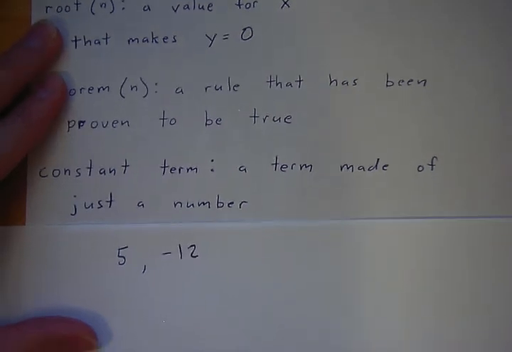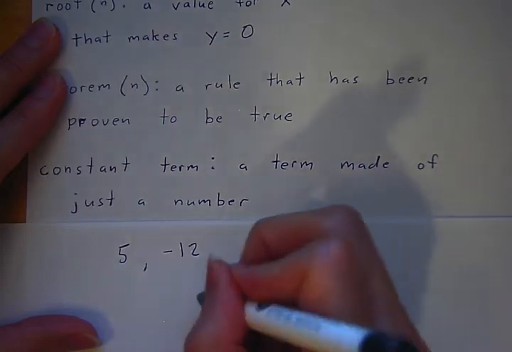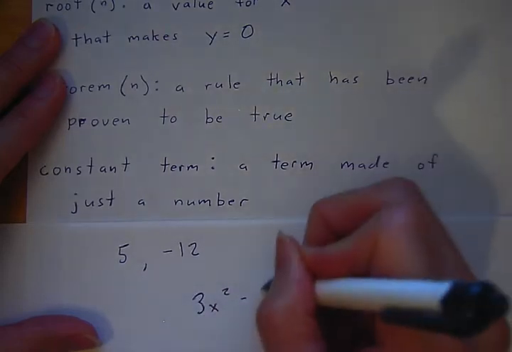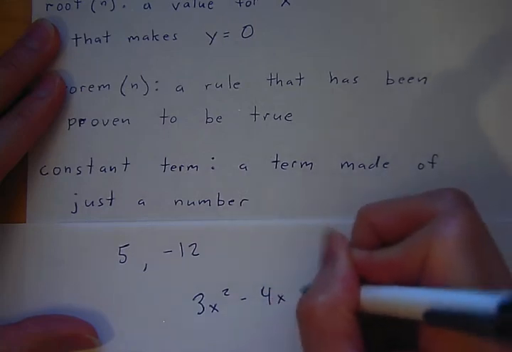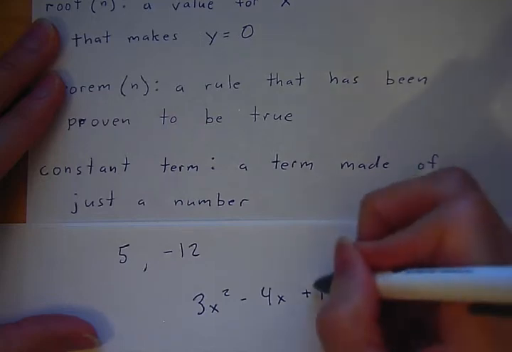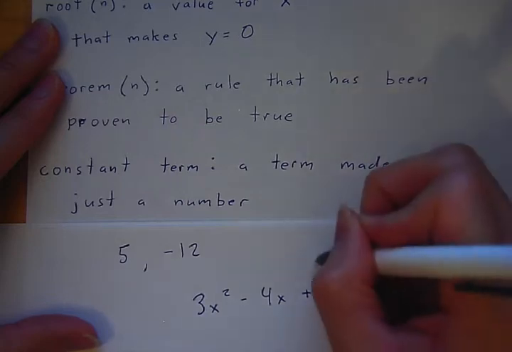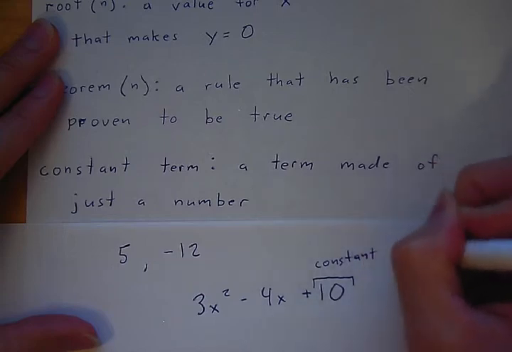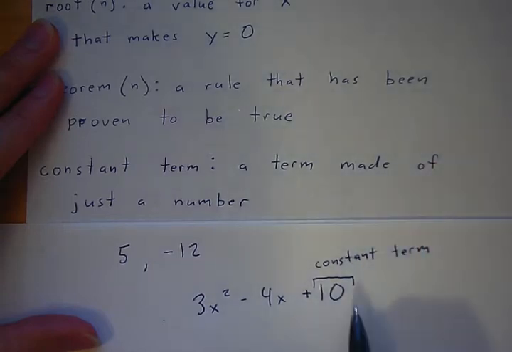If you have a polynomial, for example, if you have 3x squared minus 4x plus 10, this positive 10 here is the constant term. It's a term made of just a number.